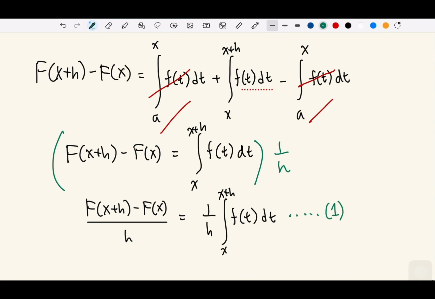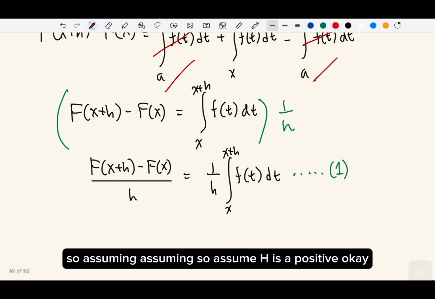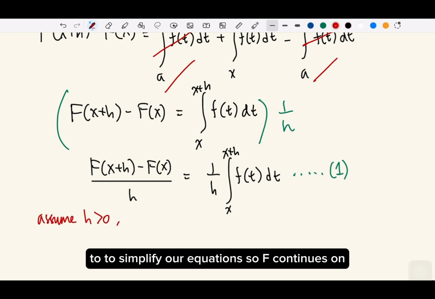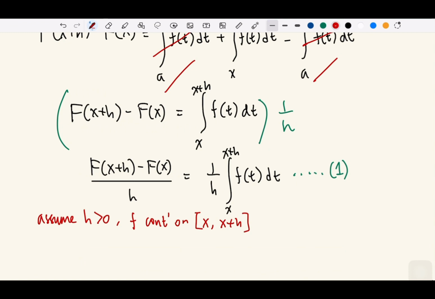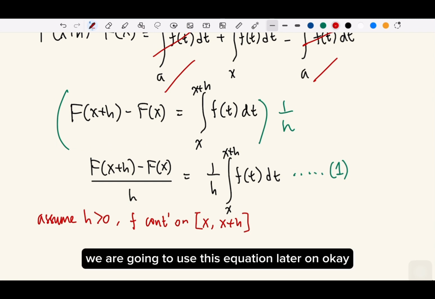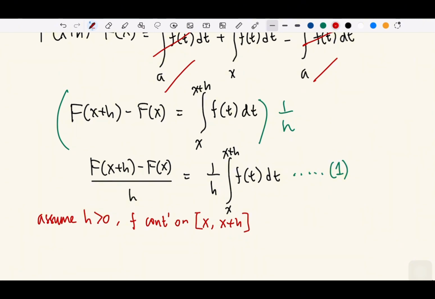Assume h is positive, to simplify our equations, and f continuous on the interval to make our statement correct. We are going to use this equation later on.